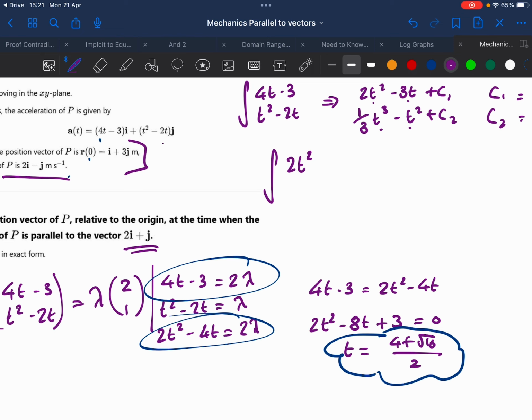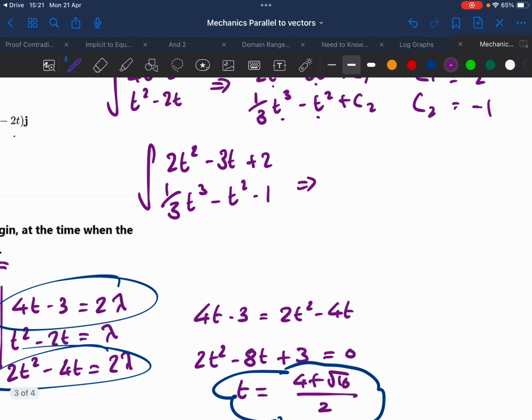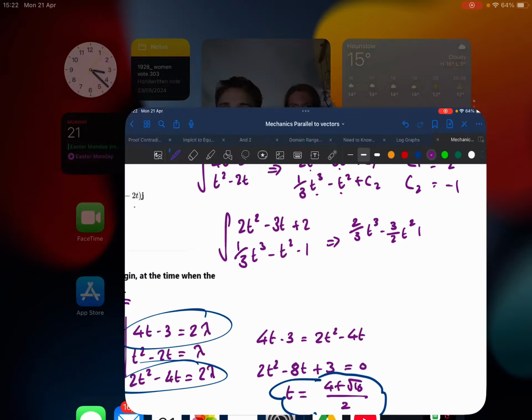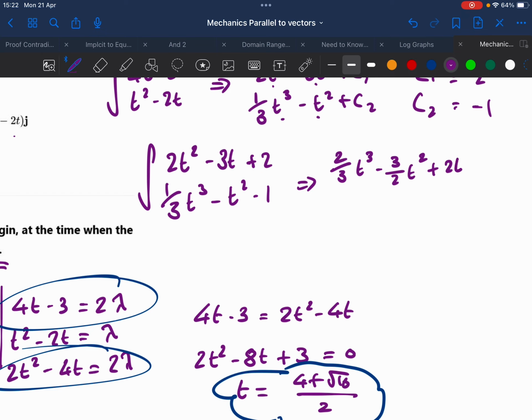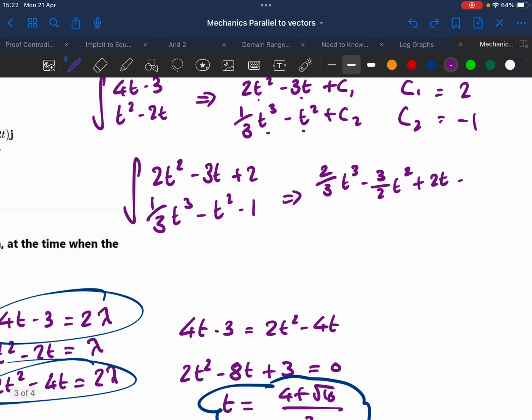So let's integrate now 2t squared minus 3t plus 2 and 1/3 t cubed minus t squared minus 1, which would take me to 2/3 t cubed minus 3 over 2 t squared plus 2t plus a c value.